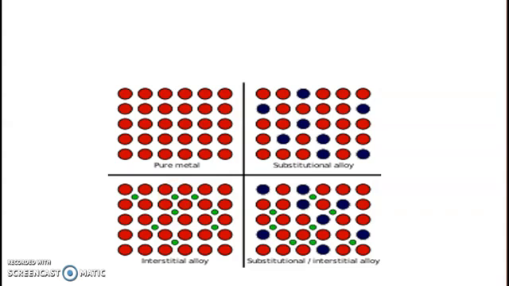They slip in between the atoms of the main metal, so it is termed interstitial alloy. In some cases there is also a possibility of a combination of substitutional and interstitial alloy, in which the alloying element can substitute the pure metal atoms and also slip in between the atoms of the pure metal.